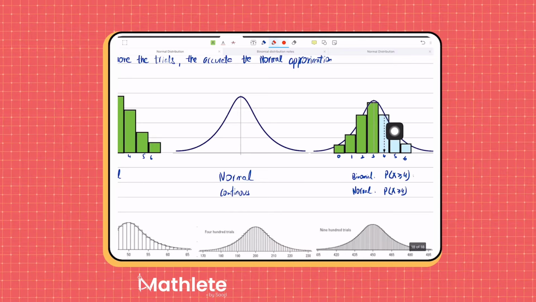Now if I do this on a normal distribution, finding the probability of x being greater than or equal to 4, what I'm considering is the area of this region, which we saw earlier basically represents probability.